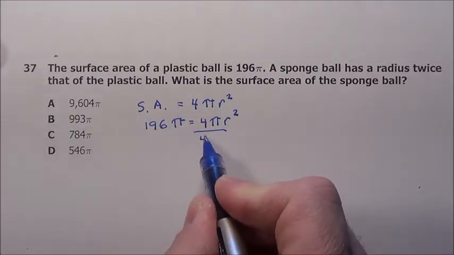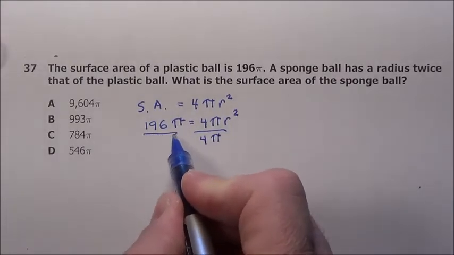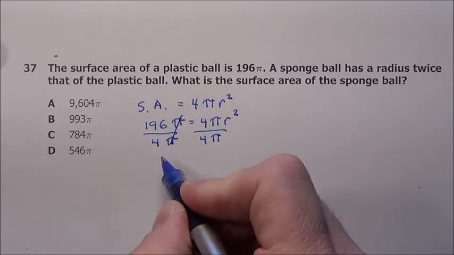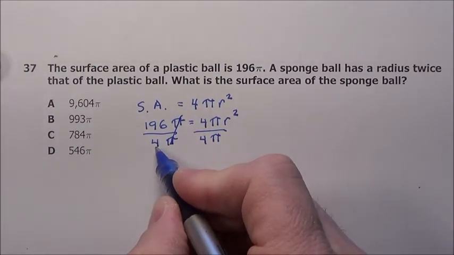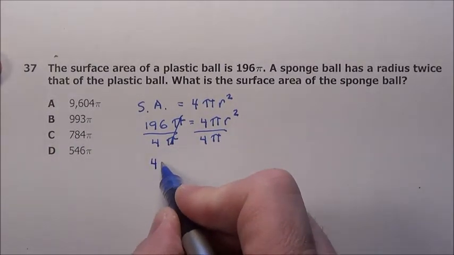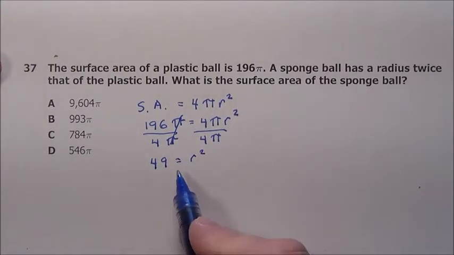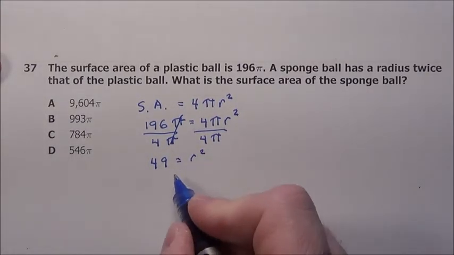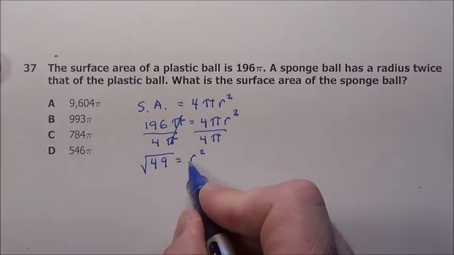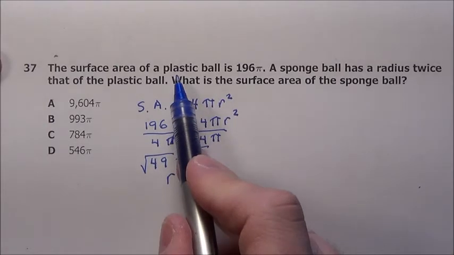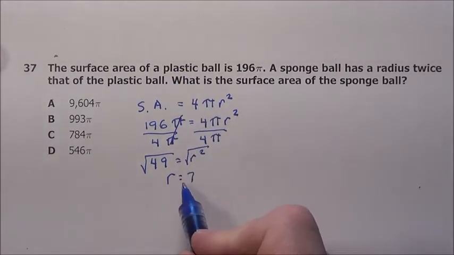If I divide by 4 pi and I divide by 4 pi, the pi's obviously go away. 196 divided by 4 is 49. How convenient. So 49 is equal to the radius squared. So what's the radius? Well, we take the square root of both sides, and the radius is 7. So the plastic ball has a radius of 7.